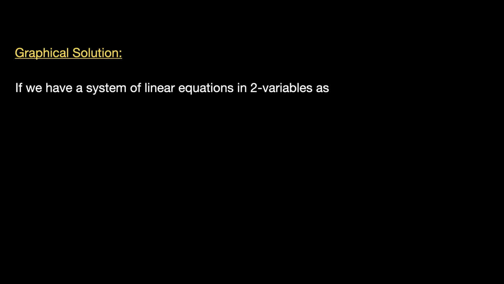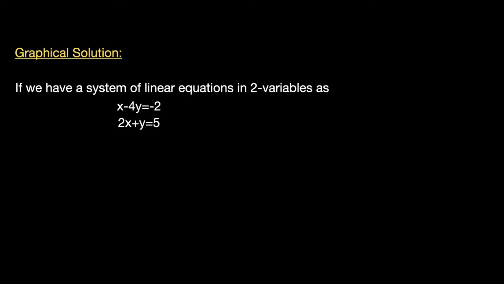I told you what a solution is, but I did not discuss how we get that solution. So first let me discuss the graphical solution. Suppose we have a system of linear equations in two variables, then we can obtain its solution graphically, because you have two equations in two variables.